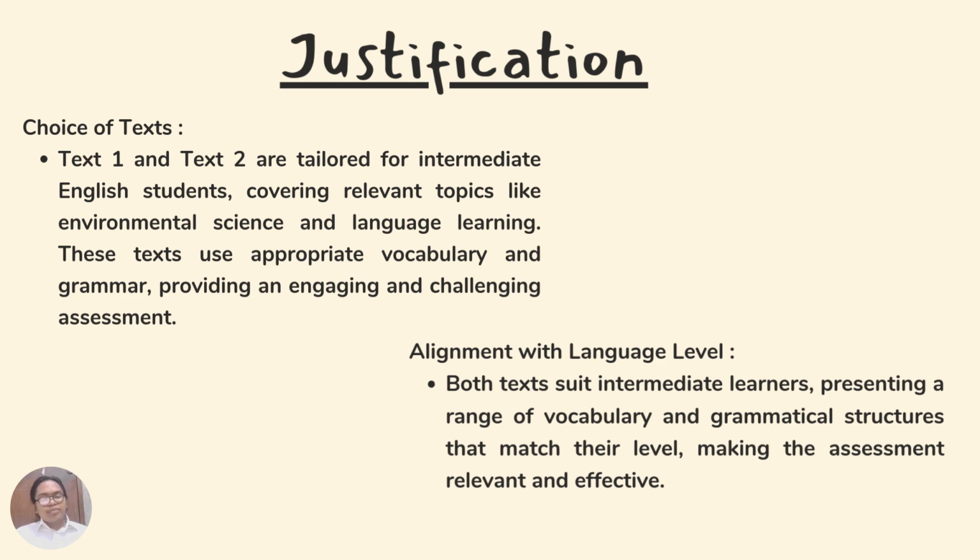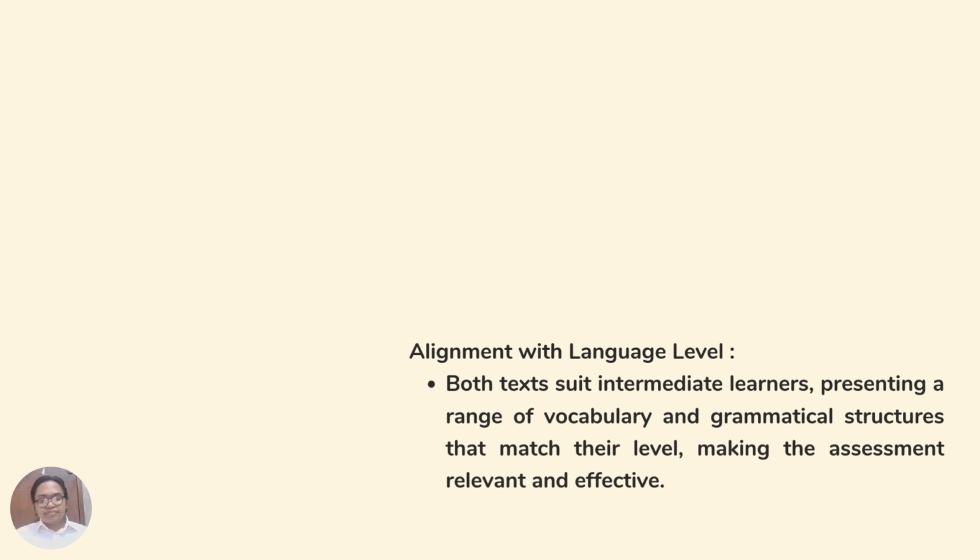Next, we have alignment with language level. Both texts suit intermediate learners, presenting a range of vocabulary and grammatical structures that match their level, making the assessment relevant and effective.